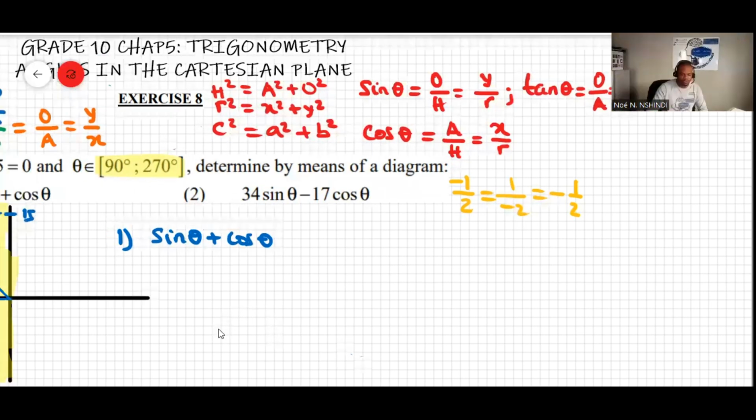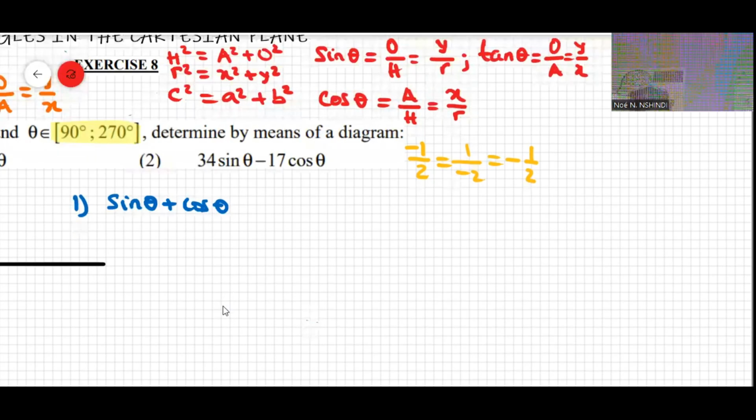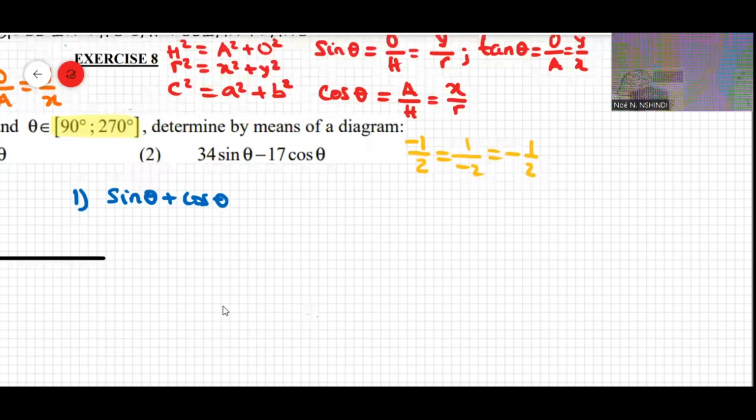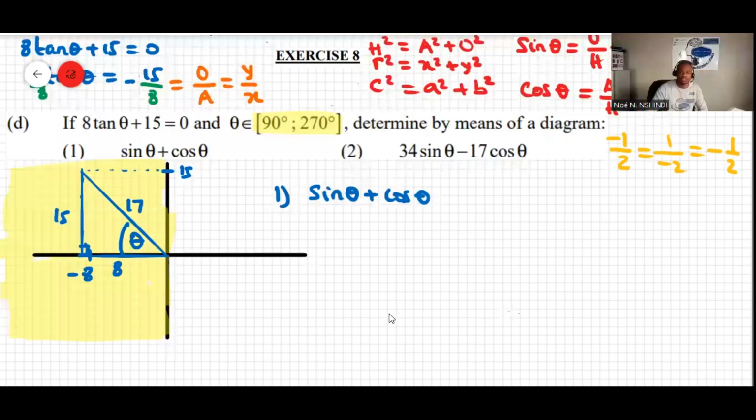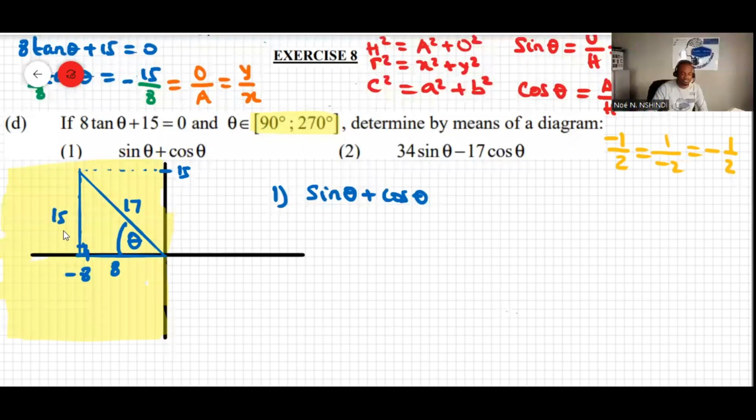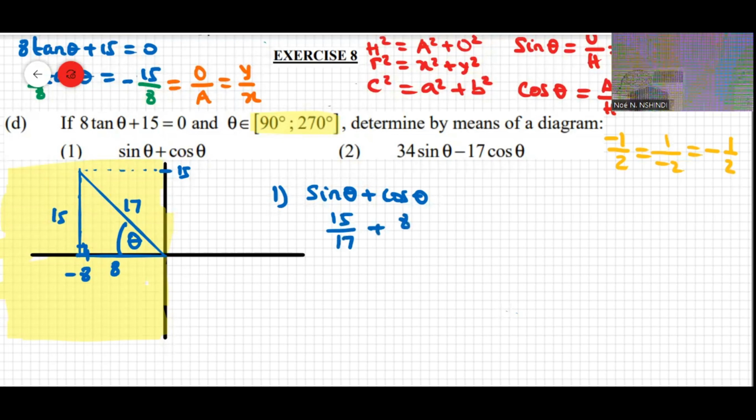To answer the questions, sine of theta will be opposite over hypotenuse. So opposite is 15 over hypotenuse 17, so that makes 15 over 17 plus, not 8 but negative 8, over 17.